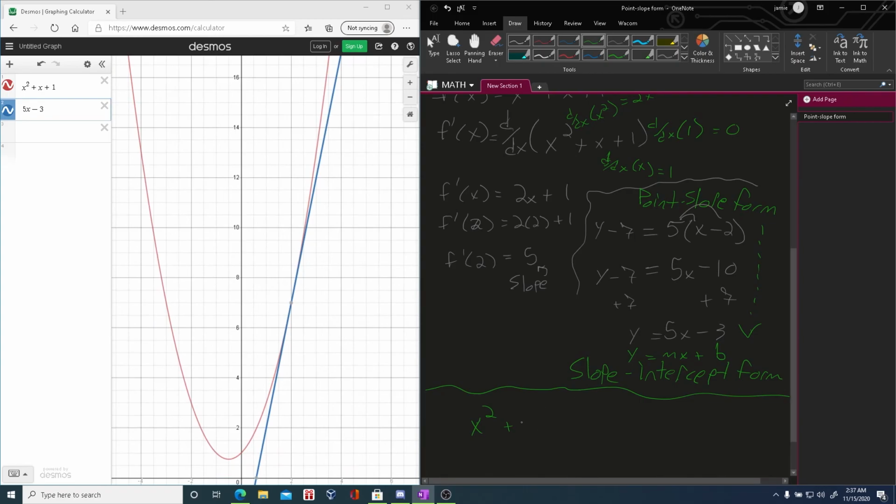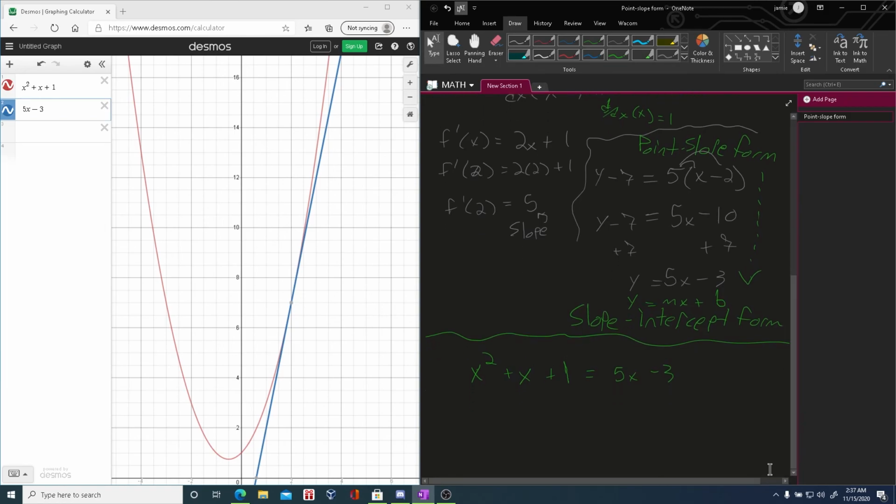If I didn't have Desmos right here, x squared plus x plus 1 equals 5x minus 3. And basically from here, we know we're going to have a quadratic, so we can just throw everything to the left side and set it equal to 0. When we do that, we'll have x squared, 5x subtracted from here would be x squared minus 4x, minus 2 equals 0.